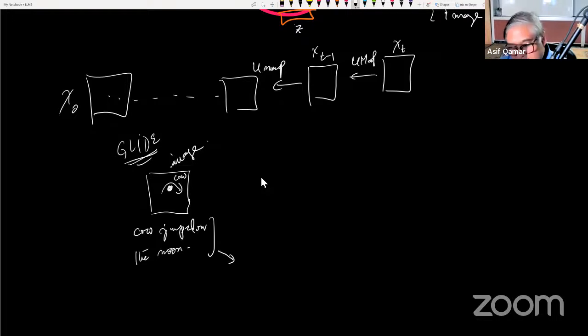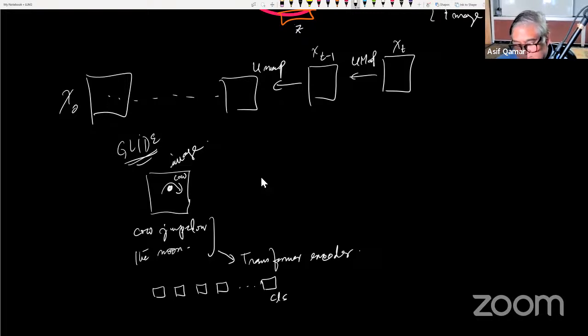What we can do is we can encode the text, pass it through, for example, think what happens if you pass it through a transformer encoder. What would you get? You would get the tokens with a CLS token also. Does it remind you of something, guys? This is plain BERT, right? BERT-like thinking, BERT and its encoder.